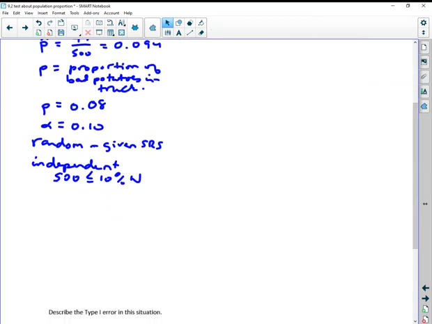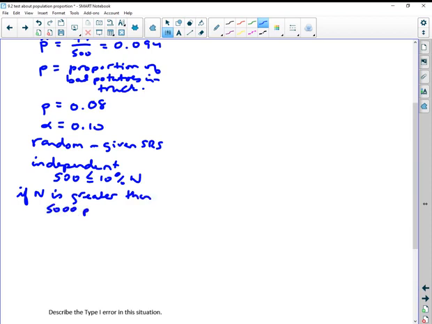This is only going to be valid if N is greater than or equal to 5,000 potatoes.